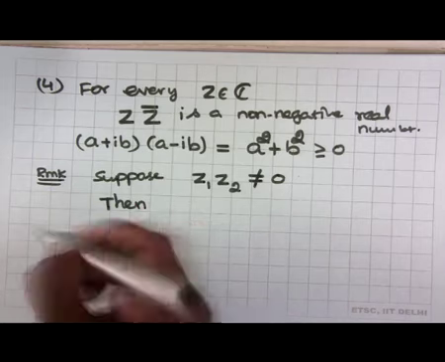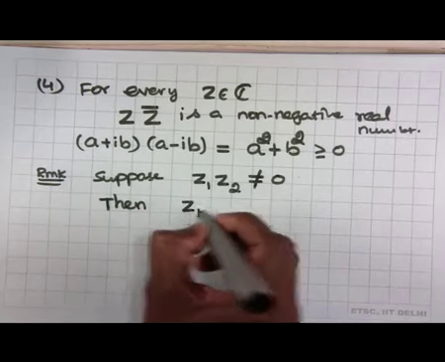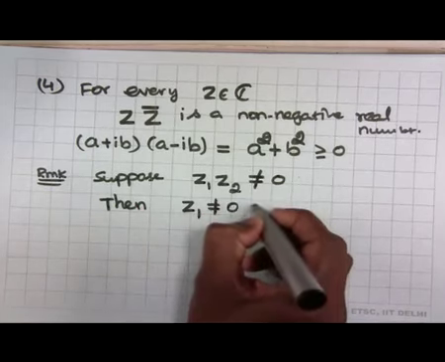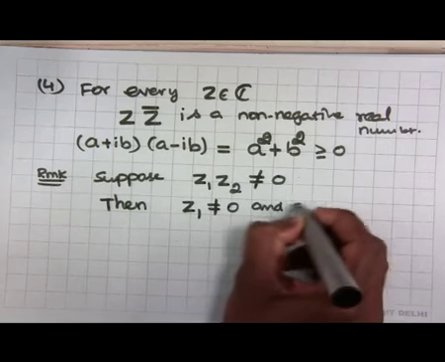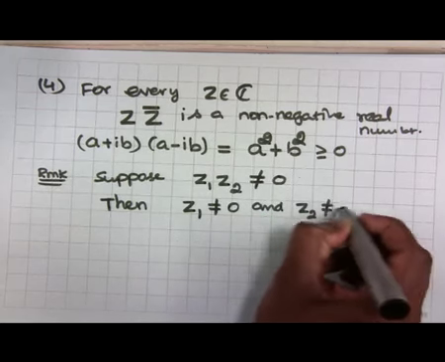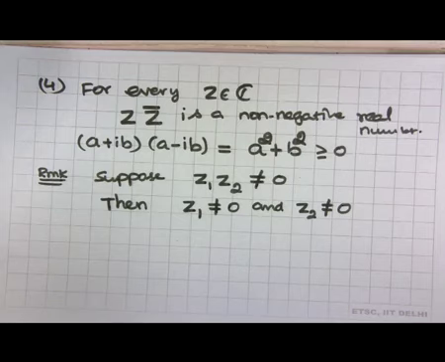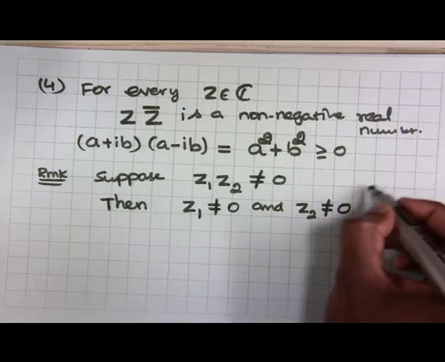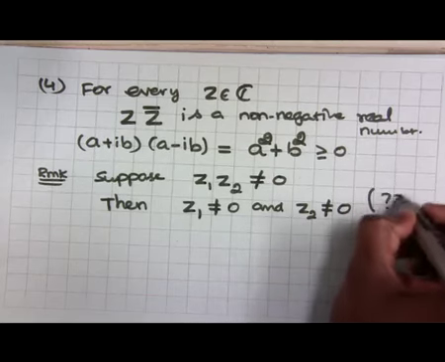Then we can in fact conclude that both Z1 and Z2 are non-zero. Okay. So, the proof, I leave it as an exercise, think about this.